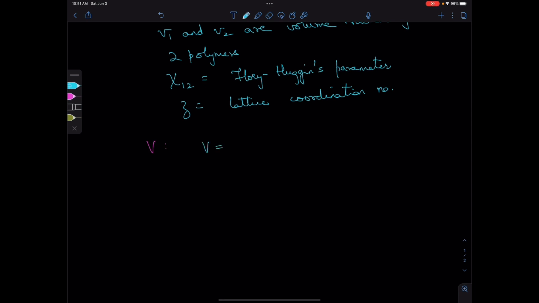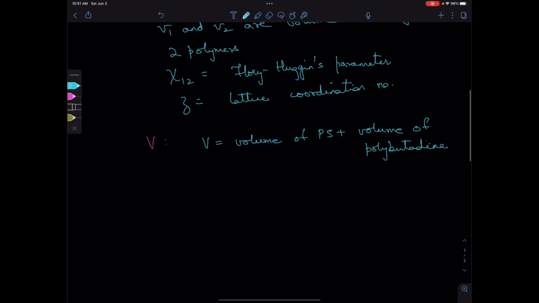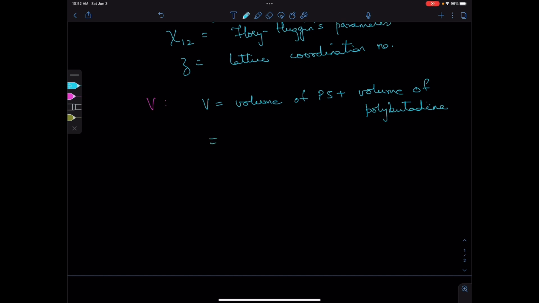Total volume of the sample is equal to volume of polystyrene plus volume of polybutadiene, which is mass of polystyrene, 1000 grams, over the density of polystyrene, which is 1.06 gram per centimeter cube from table 3.2, plus mass of polybutadiene, 1000 grams, over the density of polybutadiene, which is 1.01 grams per centimeter cube. So if we add these two, we get 1933 centimeter cube as a total volume.